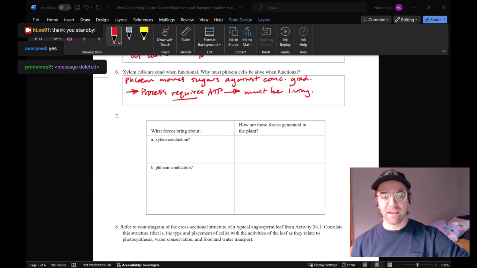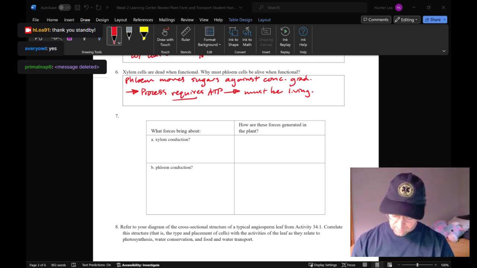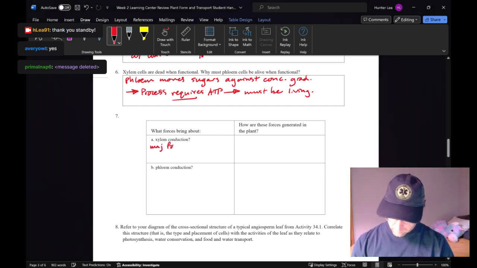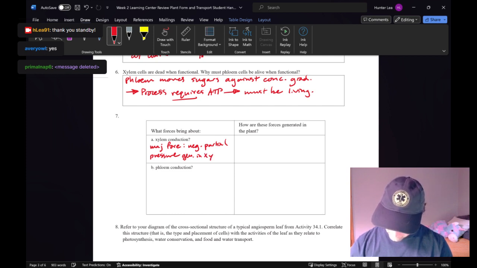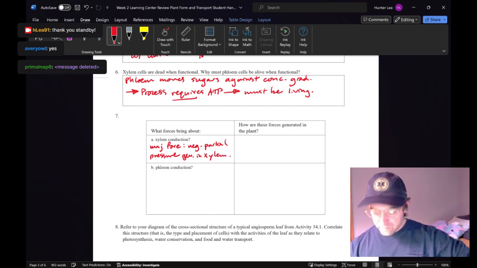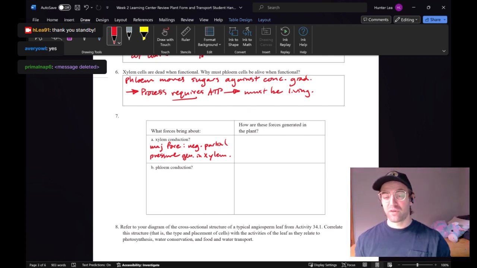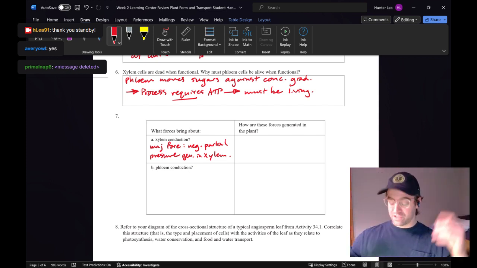The major force is the negative partial pressure generated in xylem, like xylophone. This force is generated through the transpirational loss of water in leaf surfaces.